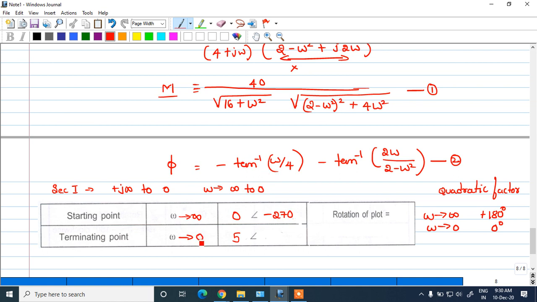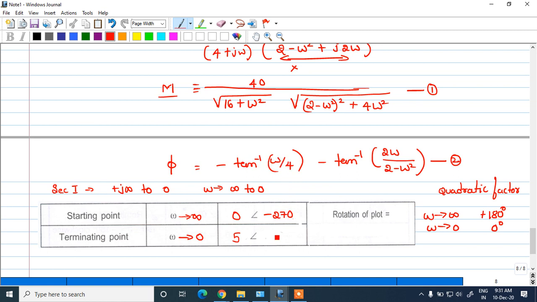And so when I substitute the 0, so what will happen? My angle will be, what will be the angle? See, I made a statement here. For a quadratic equation, when you substitute 0, it will give a 0 degree. Similar way, 0 by 4 is 0. Tan inverse of 0 is 0 degree.